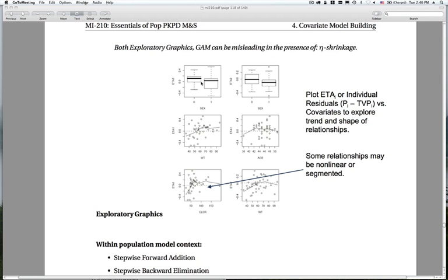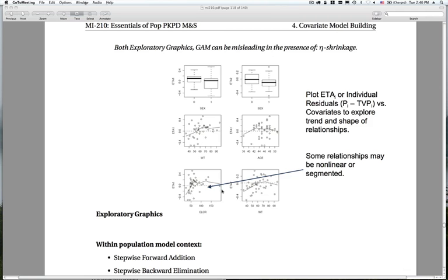You see that there's a trend here between males and females. There's also a trend with respect to weight. So it could be that the weight effect explains that. We see with creatinine clearance a relationship in this particular plot that appears to be increasing up to a certain point and then sort of plateaus.